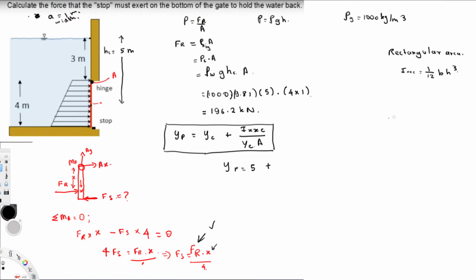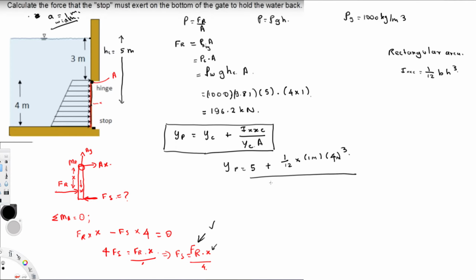Let's substitute that right here. It's 1 over 12 times the base. In this case the base is 1 meter, times the height, which is 4, so 4 cubed.